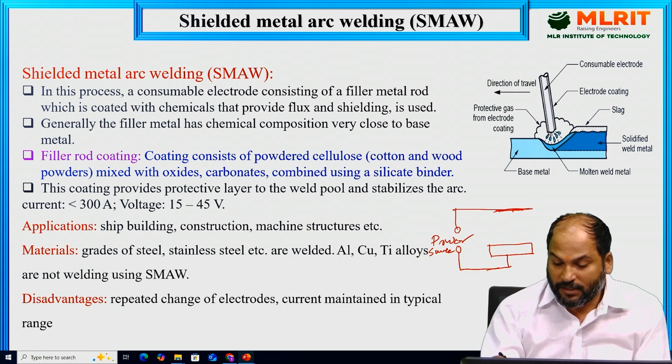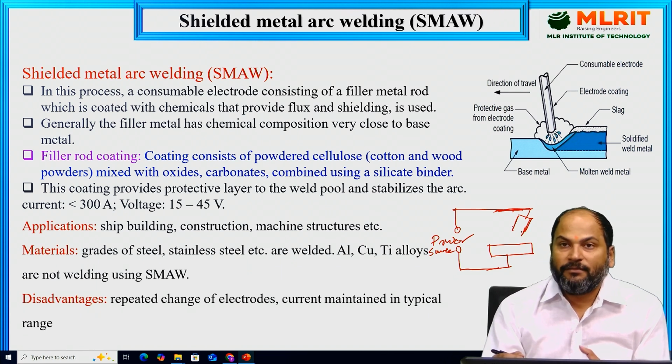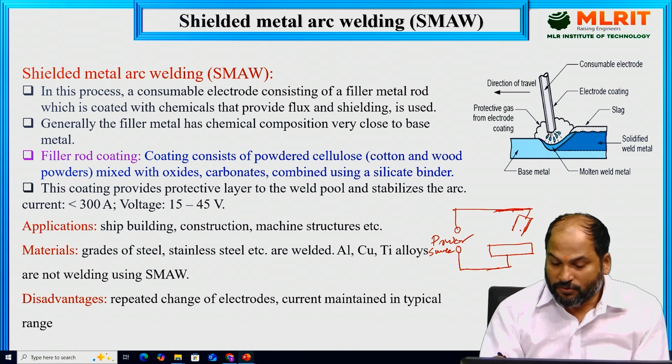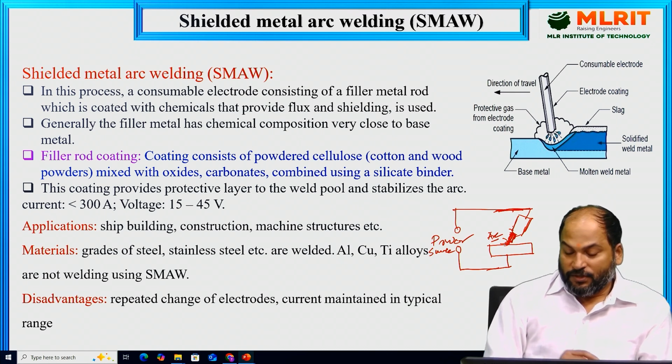There will be an electrode holder, the device we use to hold the electrode, and this is the electrode. It will come in contact and the arc will be generated. This is the simple diagram.